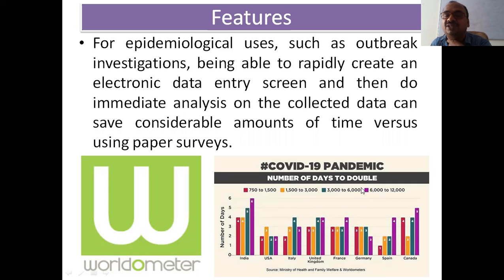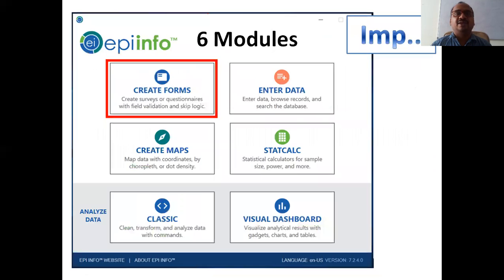Worldometer is one of the important software websites. You can go on Worldometer. It is collecting data throughout the country, throughout the world, not only country. Corona is the best example to explain epidemiology. Everything will be collected.